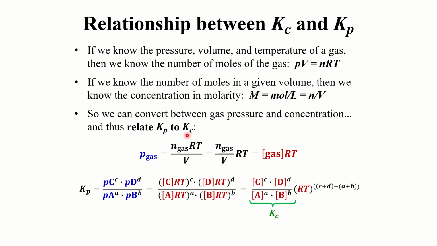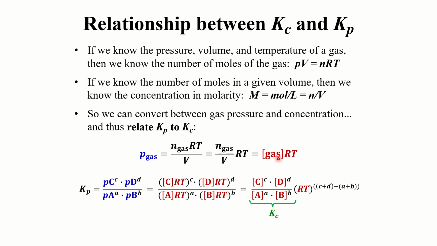Now what I'm showing here is how you can convert between a Kp and a Kc value. So start by writing a Kp value. So Kp equals the pressure of C times the pressure of D divided by the pressure of A times the pressure of B. So just using some generic reaction with reactants A and B and products C and D. Now what we're doing is we're taking this blue term right here, this pressure term, and we're plugging in this red term.